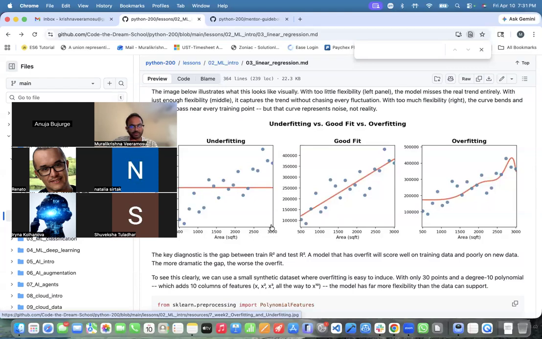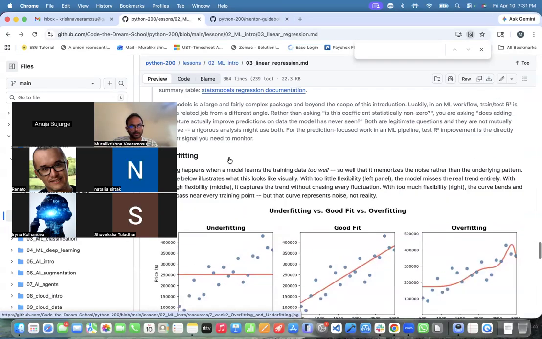If you give the model 3,000 square feet, in order to predict the price for a 3,000 square feet home, it'll give 250. If you give 2,000 square feet, it'll give 250. If you give 1,000 square feet as an input, it'll give 250 as an output. That means our model is giving the mean of the data as an output. It's basically underfit, right?